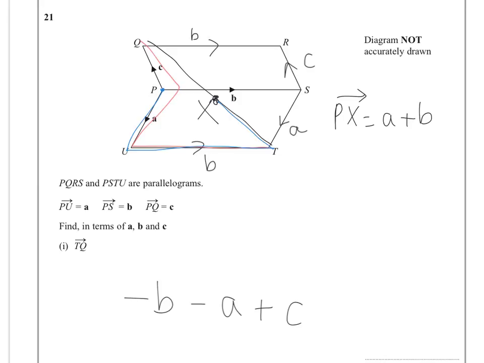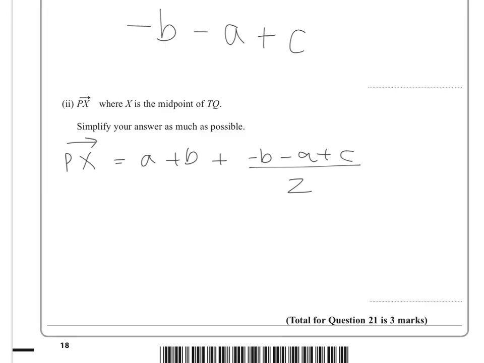As X is the midpoint, I'm adding on half of minus b minus a plus c. Simplifying this, half of minus b minus a plus c is the same as minus half b minus half a plus half c.